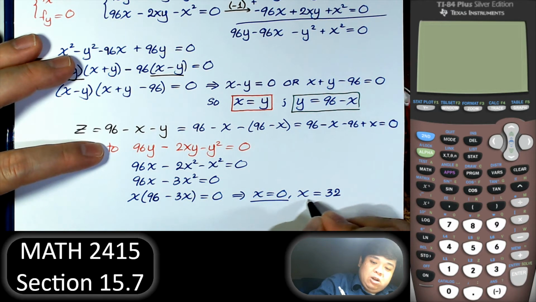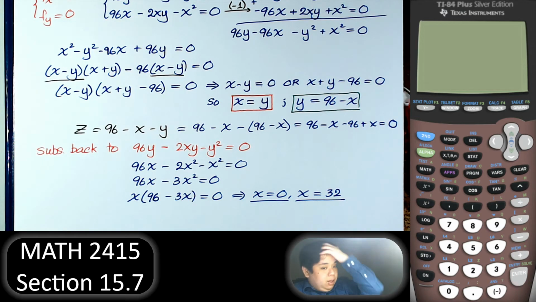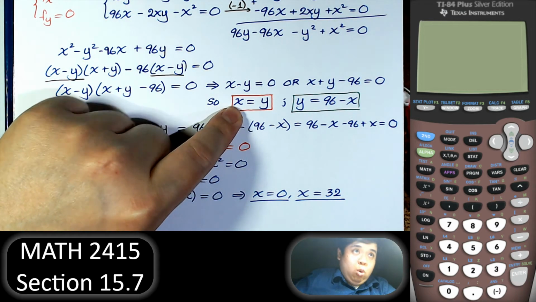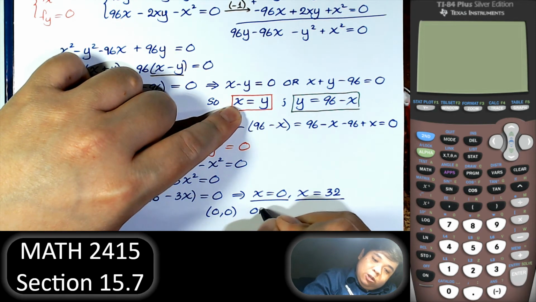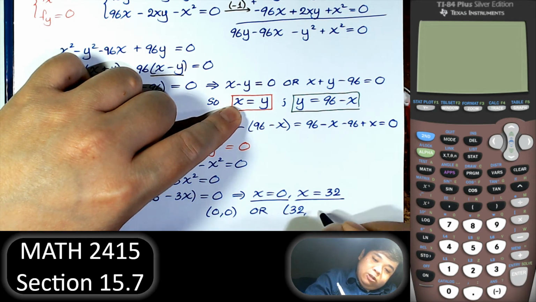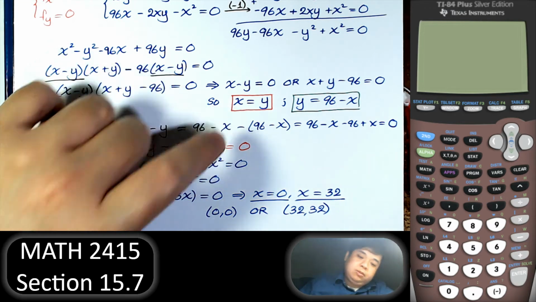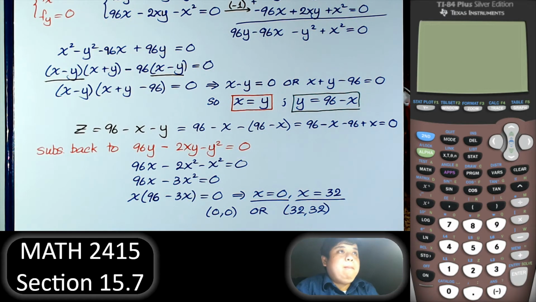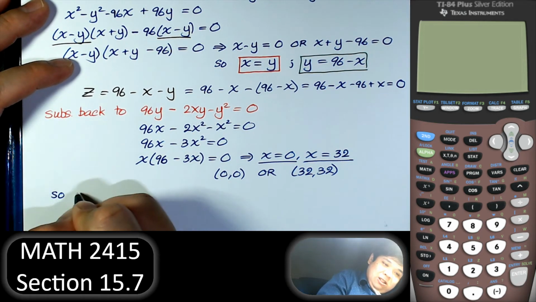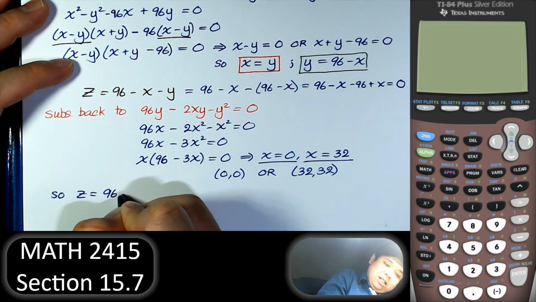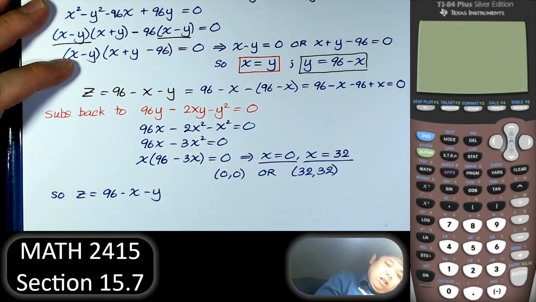So x equal to 0 or x equal to 32. And x equal to y, so we will have 0, 0, or 32 and 32. Right, finally, what is z? z is 96 minus x minus y.